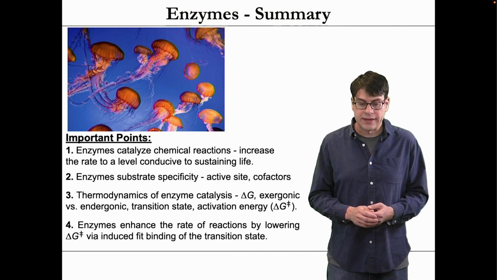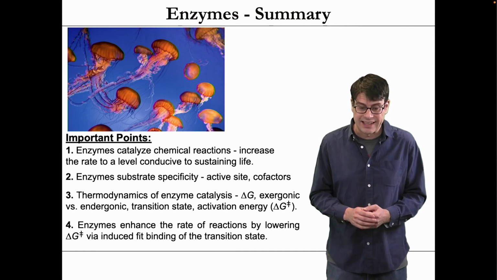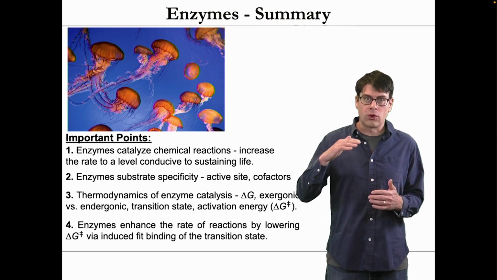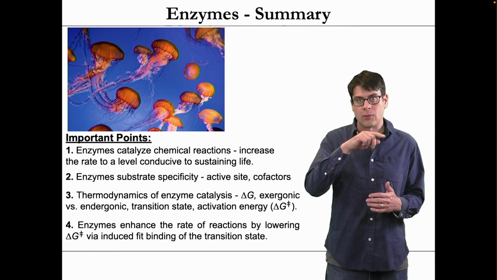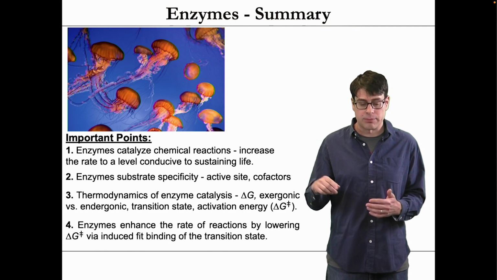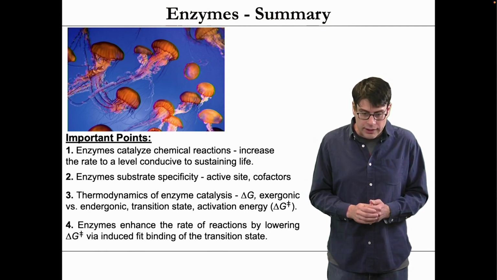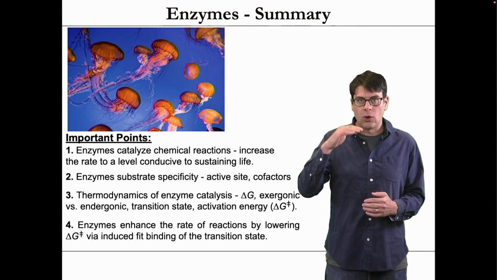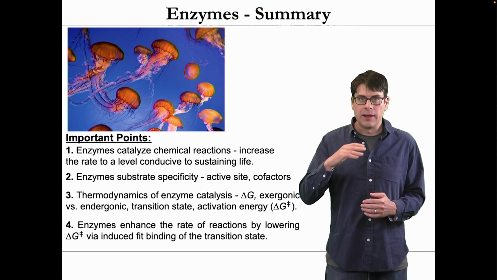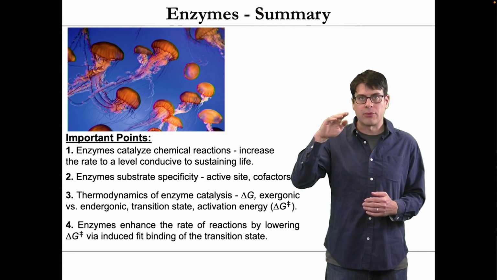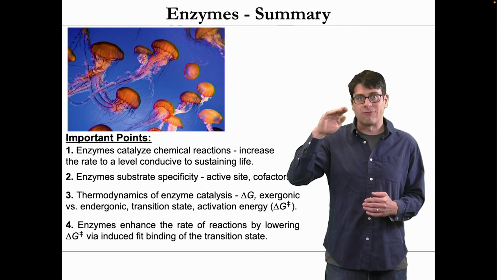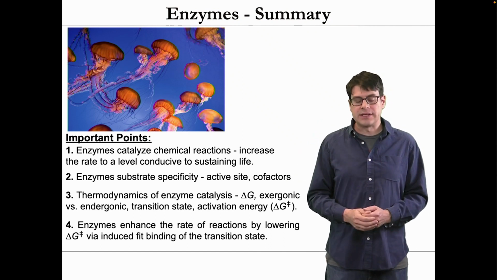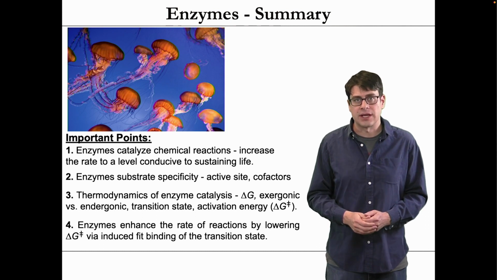You also need to understand the concept of a transition state and activation energy, which is the energy required to form the transition state so the reaction can go from substrate to products. And importantly, enzymes enhance the rate of reactions by lowering this activation energy because they bind the substrate preferentially and help form the transition state. We'll get into more details in the next lecture, and if you have any questions on this, please let me know.